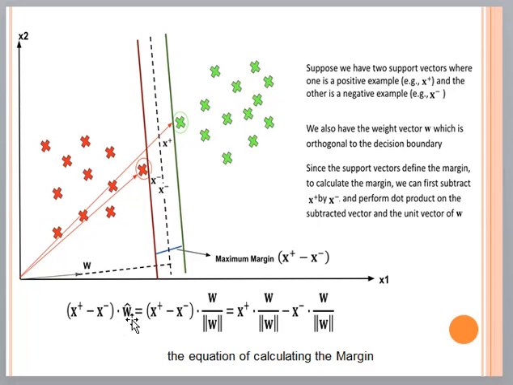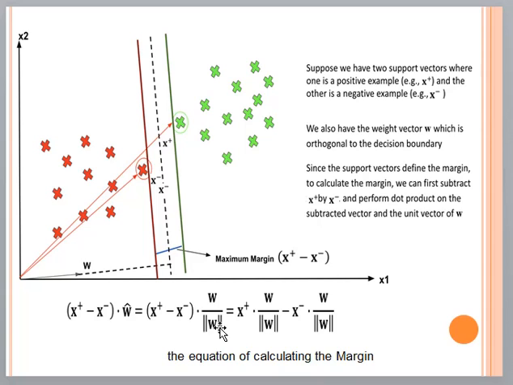Now we have already seen that this unit vector is basically the original vector divided by its magnitude, right? So we can replace this w hat with w divided by w magnitude, because this term is equal to w hat, which is the unit vector. So this equation will become x plus minus x minus dot product w divided by w magnitude.